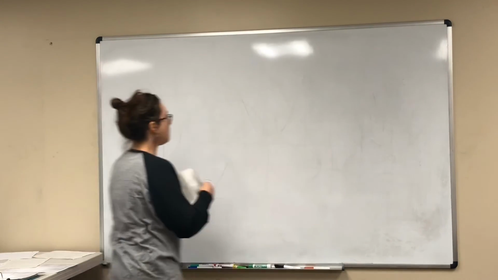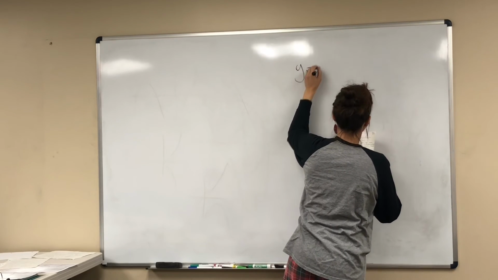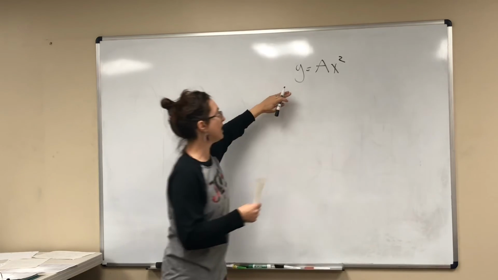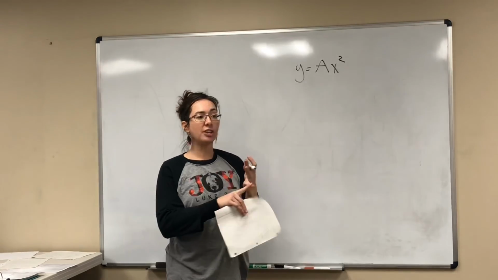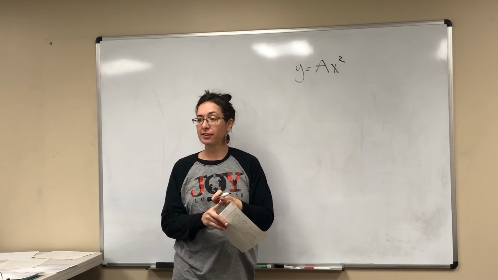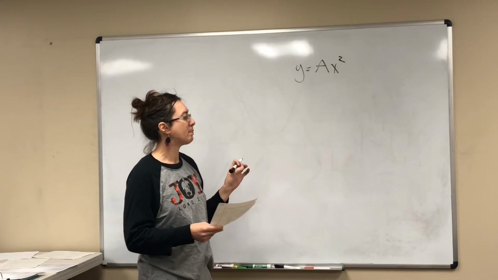Okay? Some things that we can tell about the equation, just like with the line, are the direction and the width and where it's located, okay? So those are the things we're specifically going to look at.